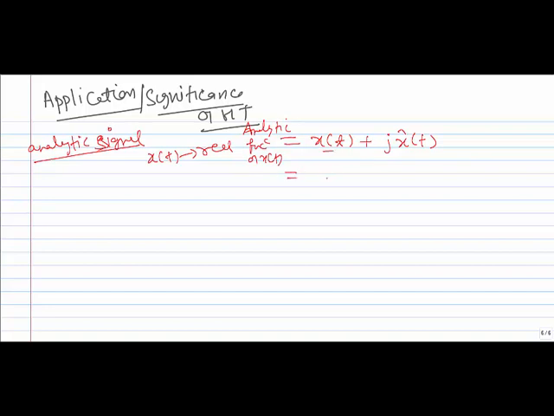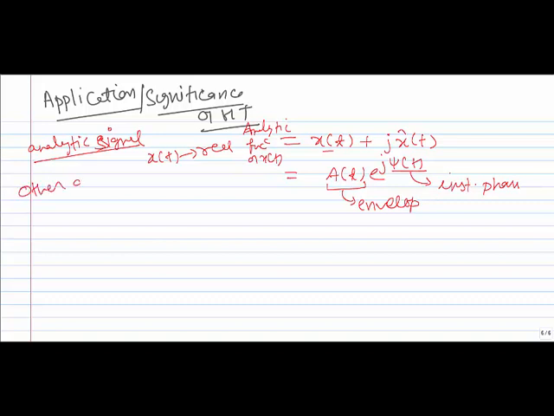I can also write it in amplitude and phase form, as A of t e to the power j phi t, where this amplitude represents the envelope of the real signal x of t, and this phi t is the instantaneous phase. By differentiating it, we can easily calculate the instantaneous frequency. This is very helpful in rotating engines, frequency detection of a sweeping tone, and in many other applications in DSP, right?